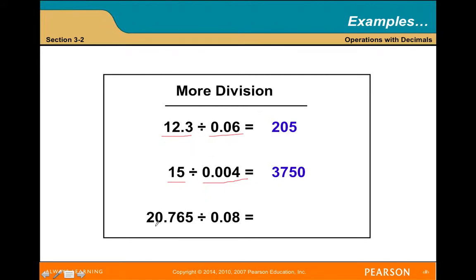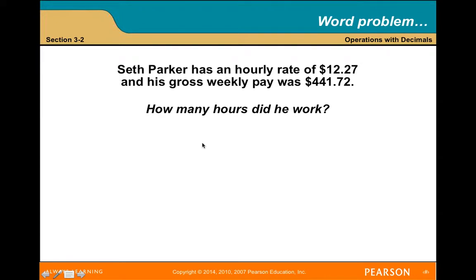And lastly, we have 20.765 divided by 0.08. And the answer is 259.5625.